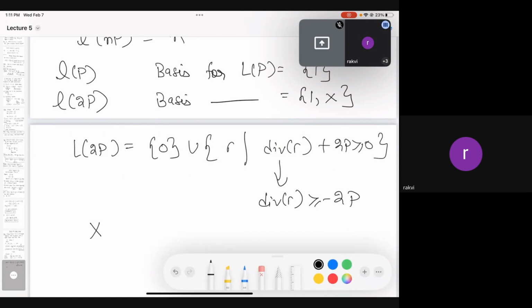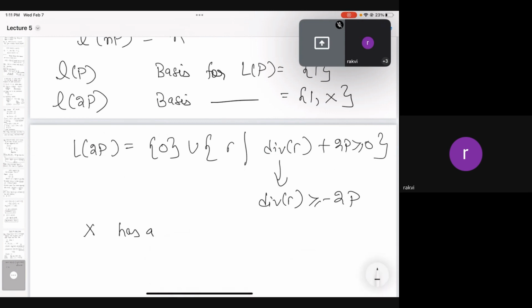So this function X that I had has a pole at this point P, which is a fixed point, of order 2, and 0 everywhere else, right?